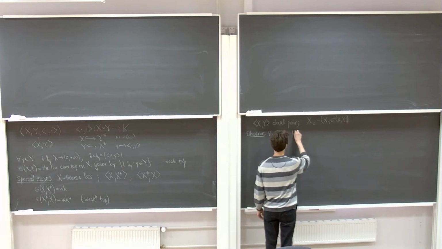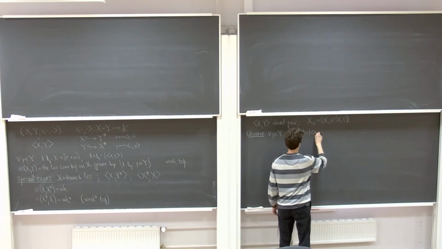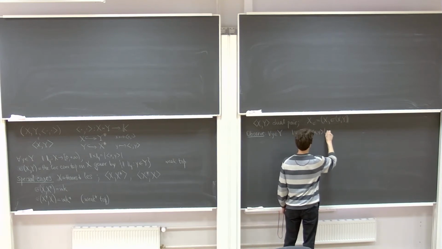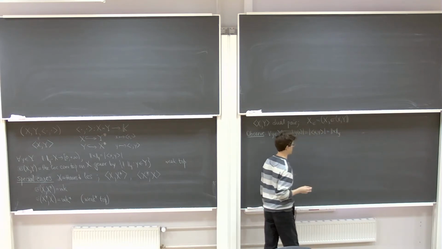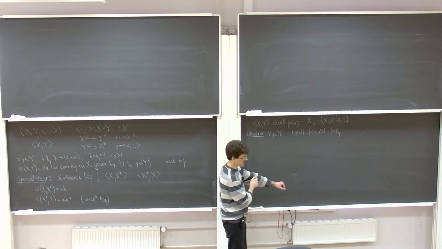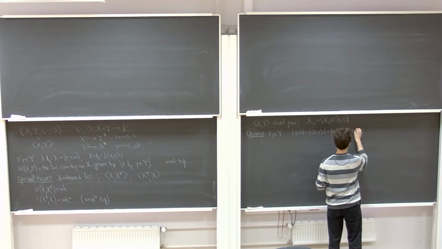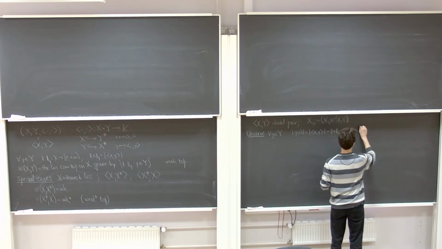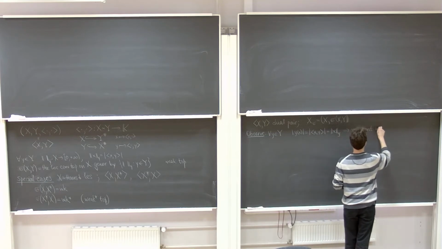So we have the following equalities: y of x is the pairing of x and y, and this is the seminorm of x determined by y. So these equalities imply that y is continuous with respect to the weak topology.